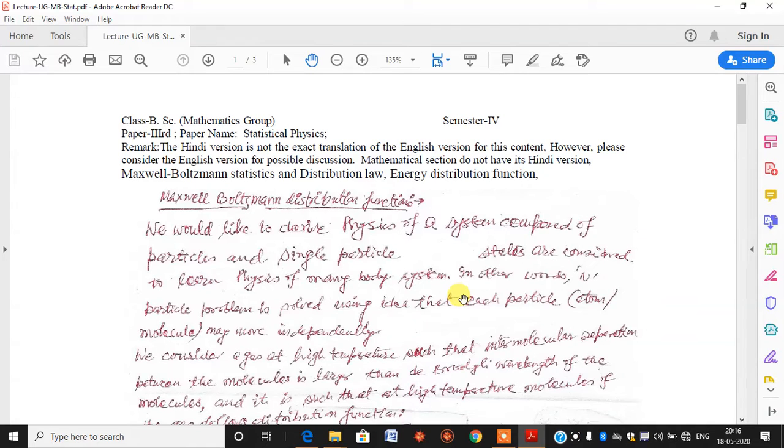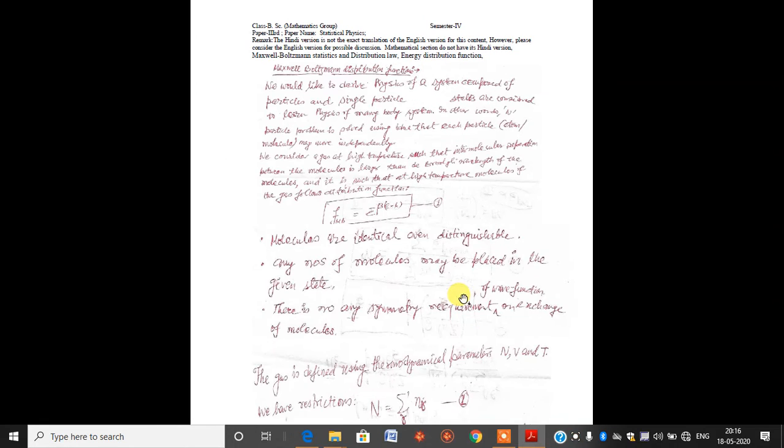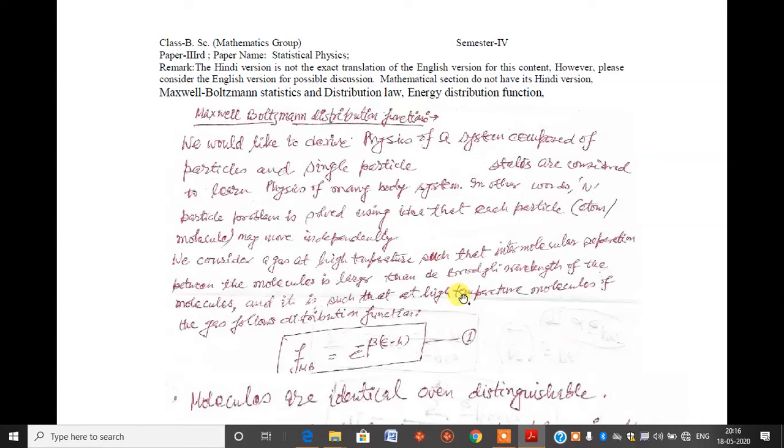Students, this lecture is on the classical distribution function, or Maxwell-Boltzmann distribution function. After units 1 and 2, we are now familiar with the basic terminology of statistical mechanics and the canonical ensemble theory.